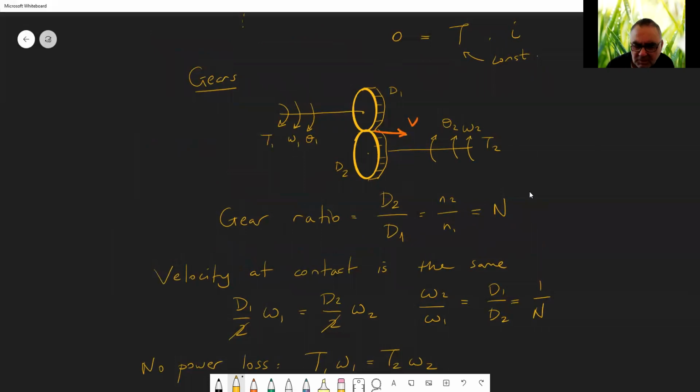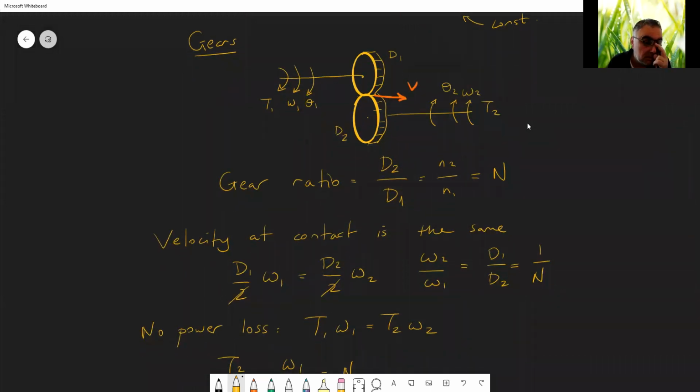What we are doing here is we define omega 1 as, looking from here, clockwise, whereas omega 2 is counterclockwise. In the 301 class, we were defining everything as counterclockwise. Here, we have the luxury of defining the direction as we please. So if you define the directions as you like, you can do it this way.